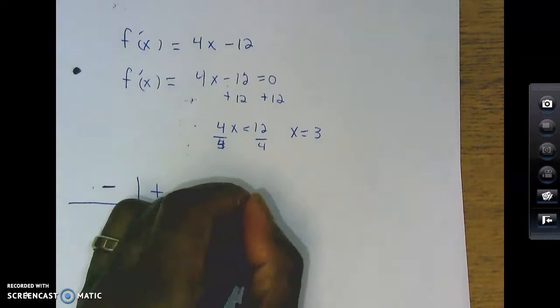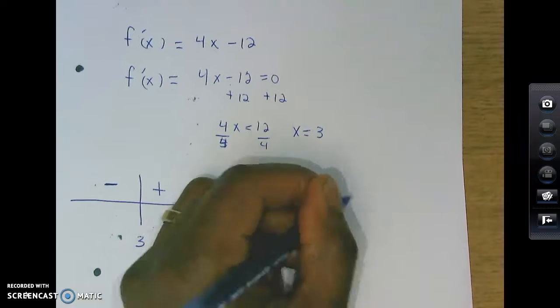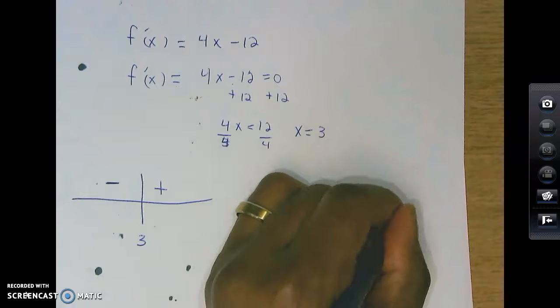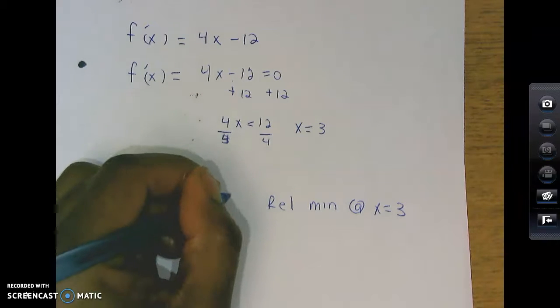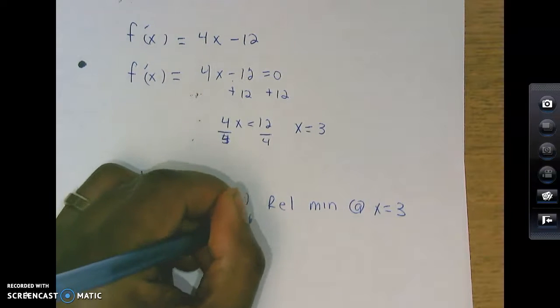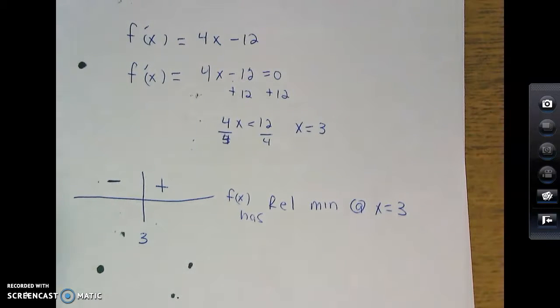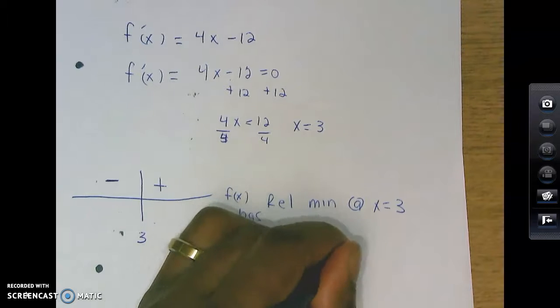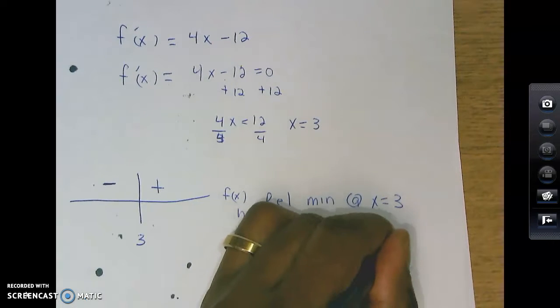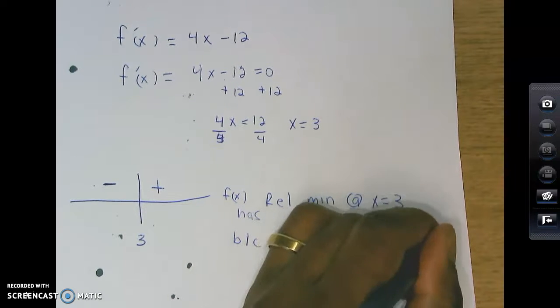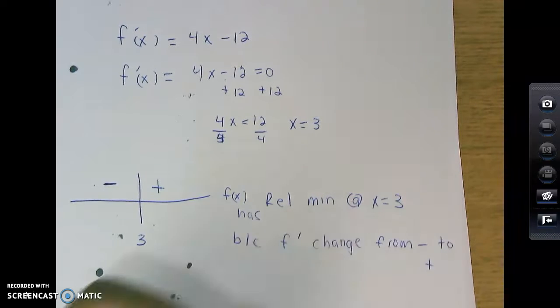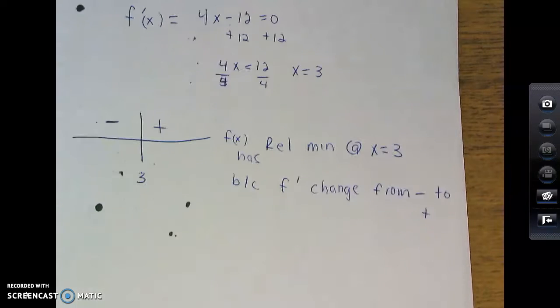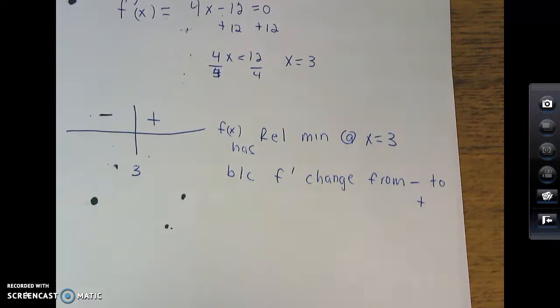So I know I have a relative min at x equal to 3, because we know f prime is going to change from negative to positive. So I have a relative min. That means this is a possible candidate. This could actually be an absolute min, right? Because you have a relative minimum, so that's a possible candidate.